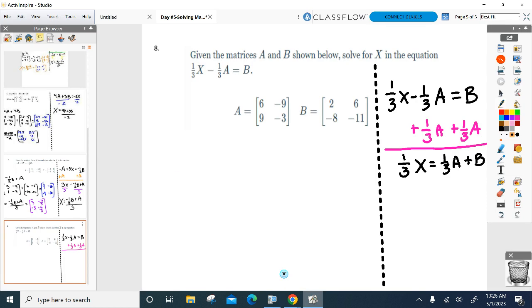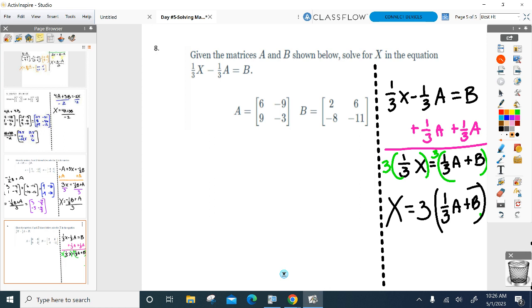You would multiply by 3. Good job. Or you could divide by 1/3, but that's just more fractions, right? So take this, multiply it by 3 so they can cancel out. And then I just want to talk about something real quick. I have 3 times 1/3 matrix A plus matrix B. If anybody's thinking, how about instead of multiplying, can I just distribute this?